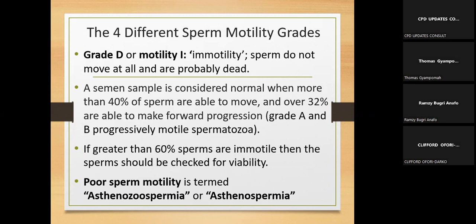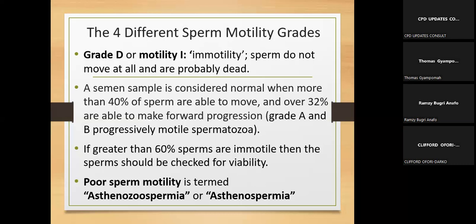So if it's both astheno and terato, it could be asthenoteratospermia. Okay. And then as we come to the other section, count, we use the terminology oligospermia, for example, if the sperm count is lower. So if the sperm count is lower and in the same sample the motility too is lower, and the morphology too is lower, then you have oligospermia, we have asthenospermia, we have teratospermia.